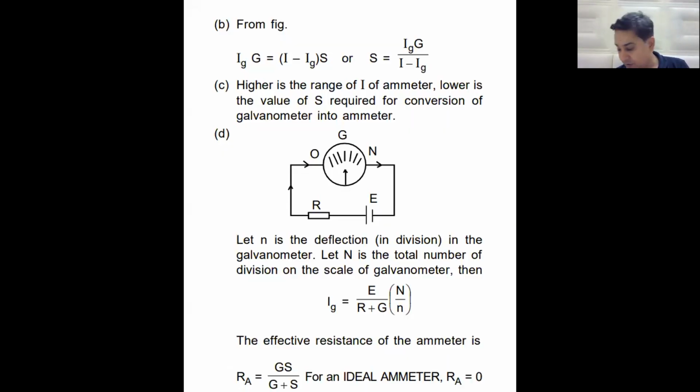Know the formula for the conversion? I don't know, sir. Don't know this? Okay, then you can note this down. Ig into G, basically the potential drop across the galvanometer and the potential drop across the shunt would be the same. So Ig into G will be equal to I minus Ig into S. From there you can find out the value of the shunt resistance. Okay. Note down this formula.